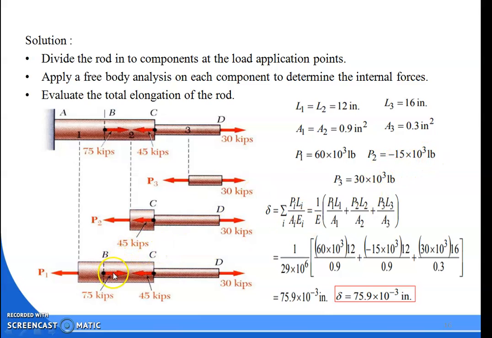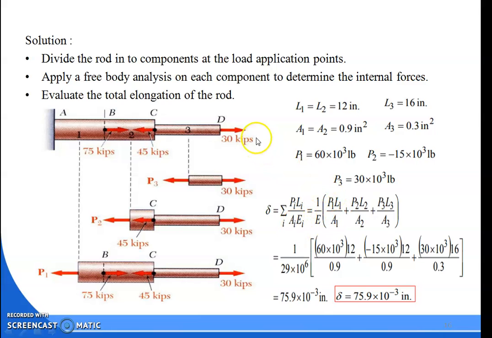By deducting 15, which is compressive in nature, and adding the tensile force, which is 60. So 75 minus 15, your net value is 60 kips, which equals your P1 value. Okay, now we have got all the values needed for the calculation of deformation or total elongation.